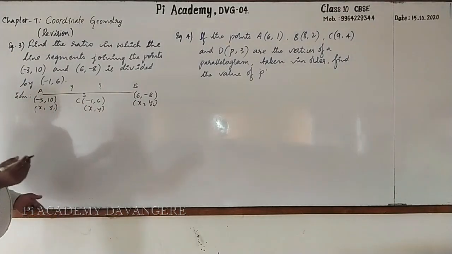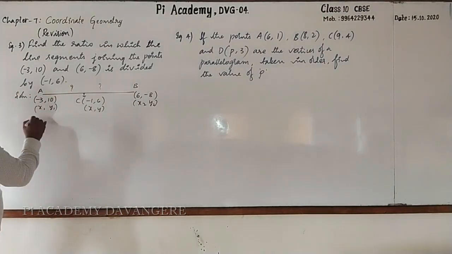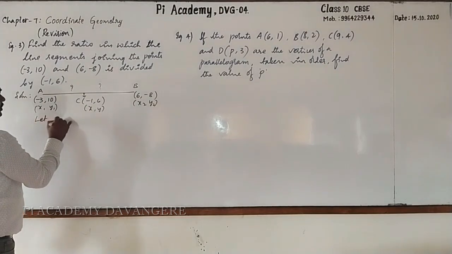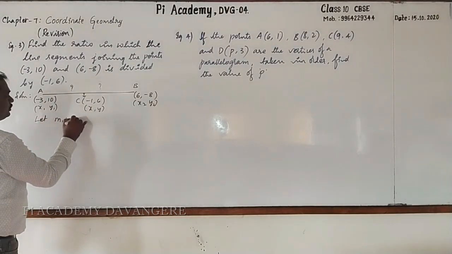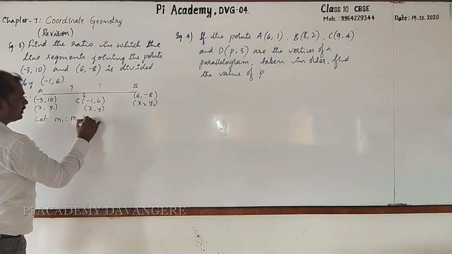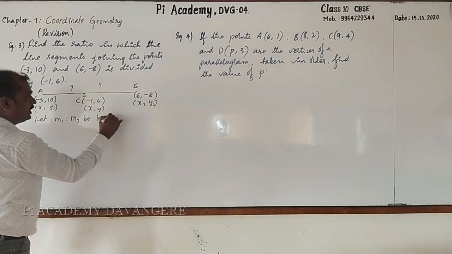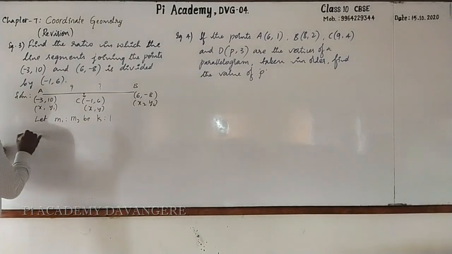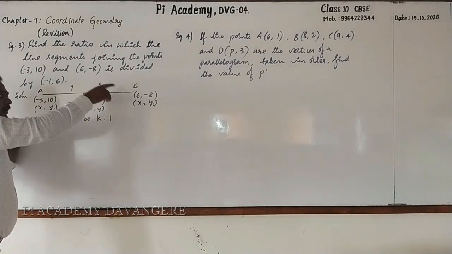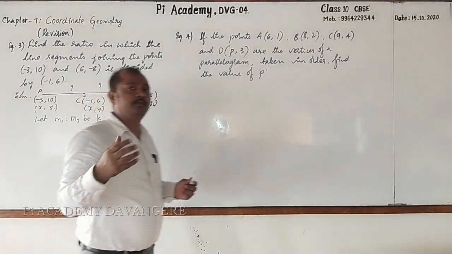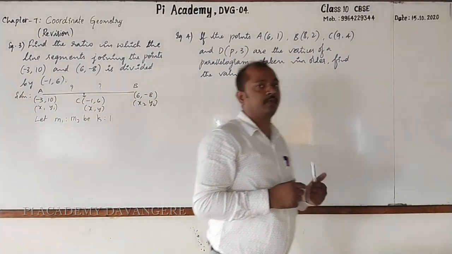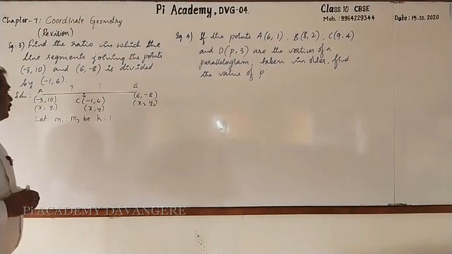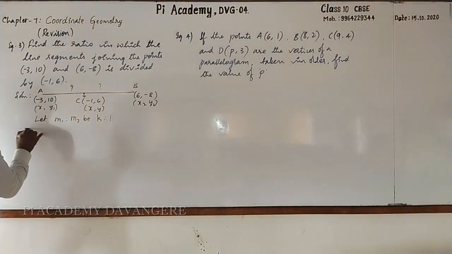We do not have m1 and m2. Hence let us assume m1 is to m2 be, you may call this as k is to 1. It will be very easy. I'll tell you why we have taken k. So here, by observing this figure, could you tell which formula should be used to find out the ratio? Very good. It is section formula.